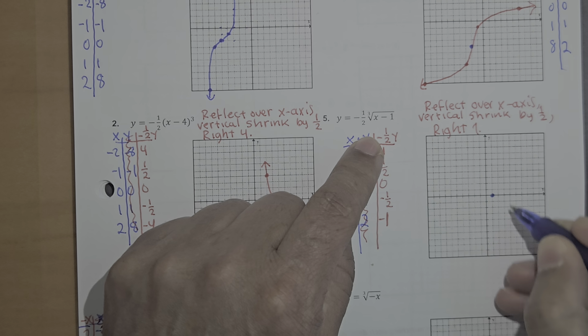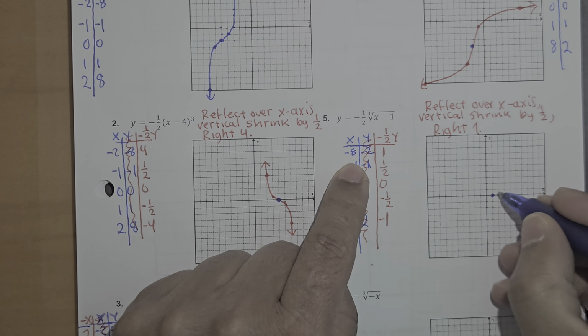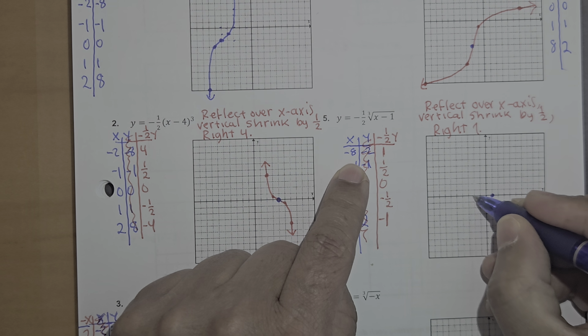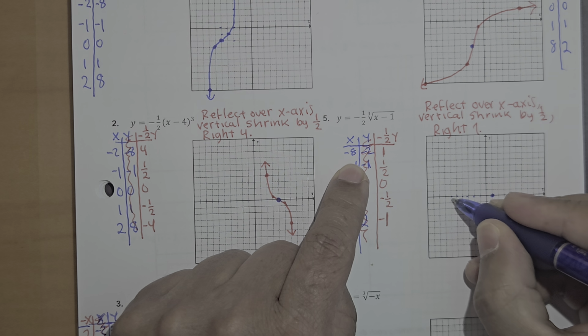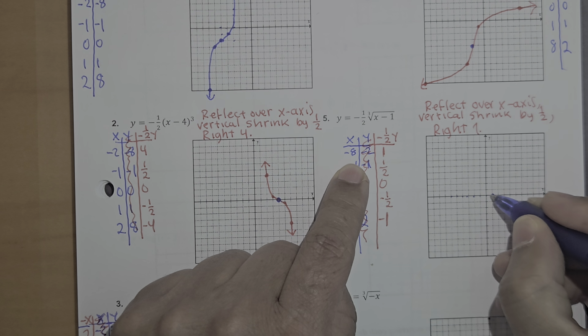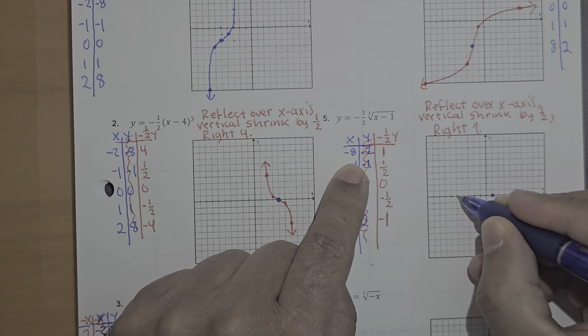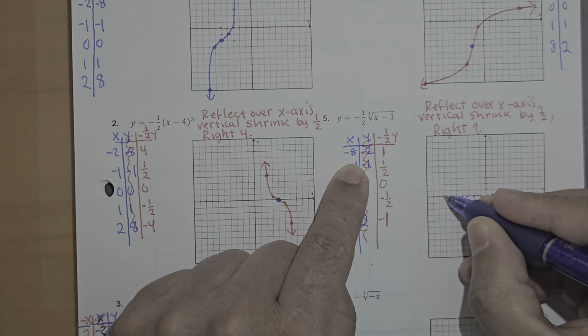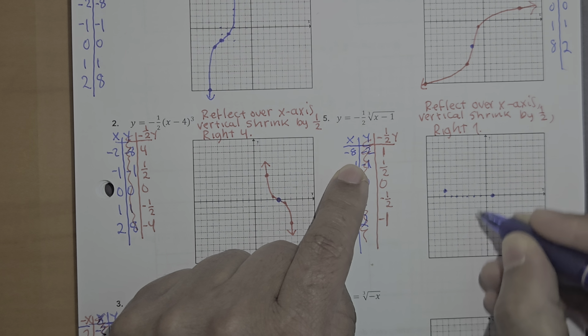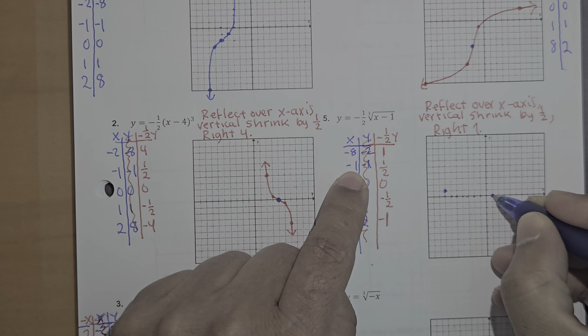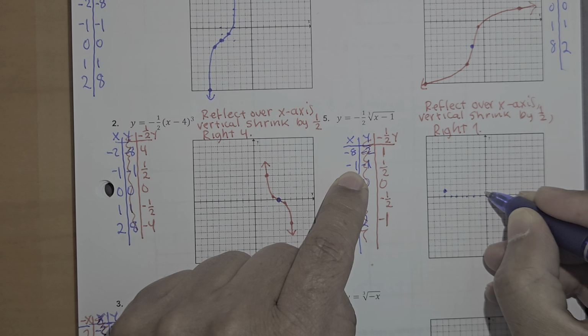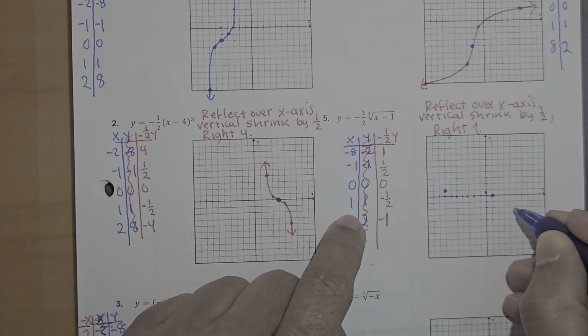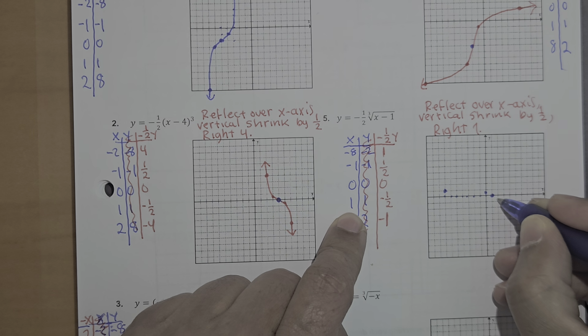Okay, so let's go to the right one. So we start from this point and then let's apply this table. So if I go left, 1, 2, 3, 4, 5, 6, 7. Let me count again. So 1, 2, 3, 4, 5, 6, 7, 8, up 1. If I go left 1, I have to go up 1/2. So that's this point here. And then if I go right 1, down 1/2.